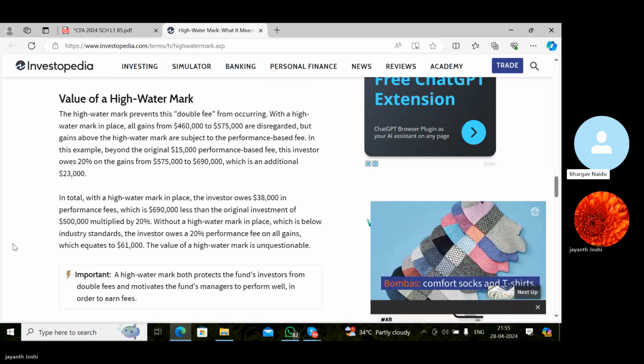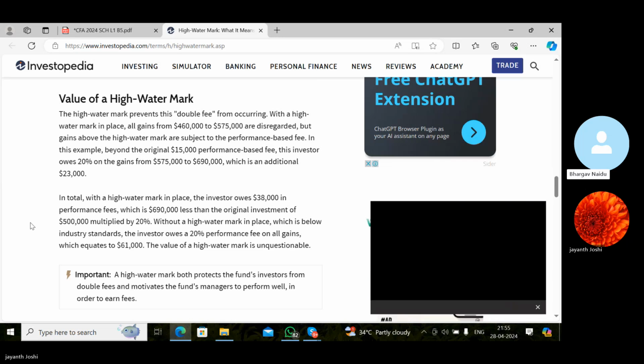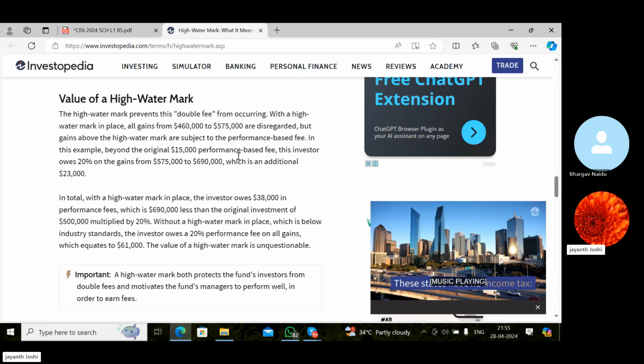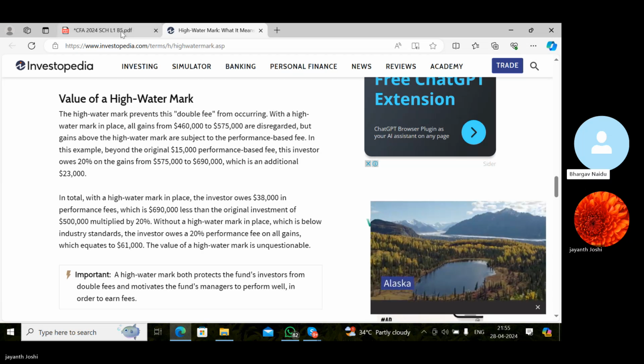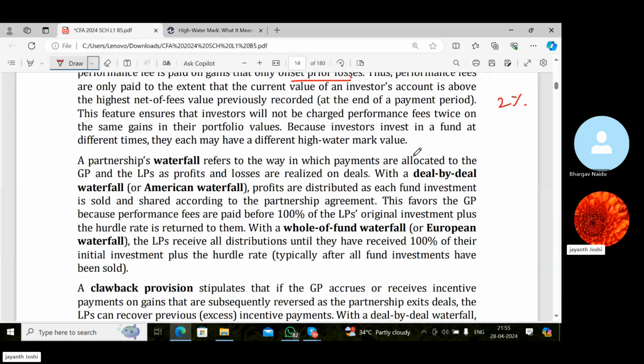If it was a normal case, they would have to pay 46,000. But in the high watermark case, they will now pay only 38,000. Otherwise, they have to pay that 46 and 15, 61. That's some protection to the investors, because many people would not be knowing about all these points.